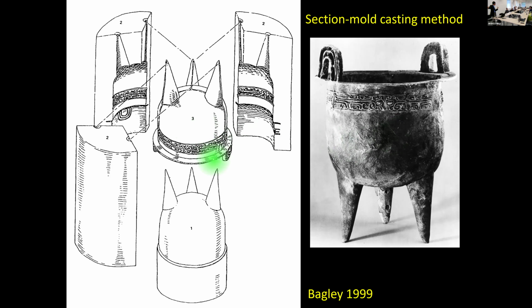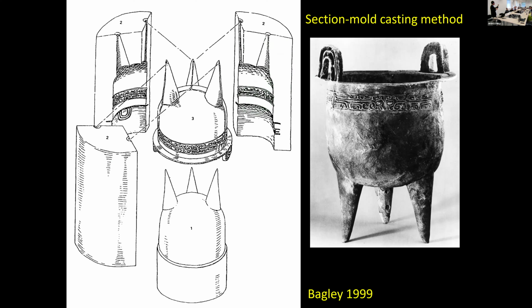So this is the model. We pack clay upon this model, we form a mold, and then we slice the mold into sections. For example, here, 1, 2, 3 sections.